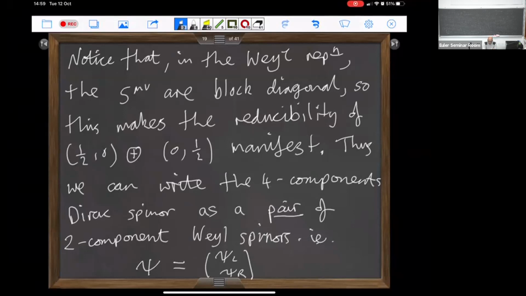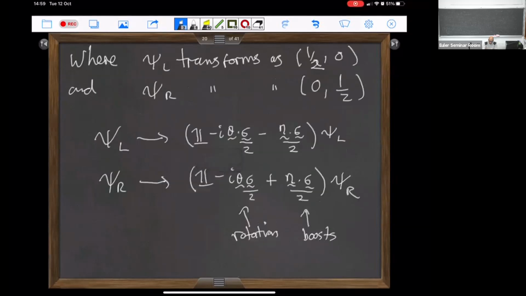And the usual notation is you write psi, the first two components of psi are called psi left or psi L, and the last two components psi right. So I think it should be obvious now that psi left transforms in the (1/2, 0) representation, or left-handed spin-1/2 representation, and psi right transforms in the right-handed spin-1/2 representation.